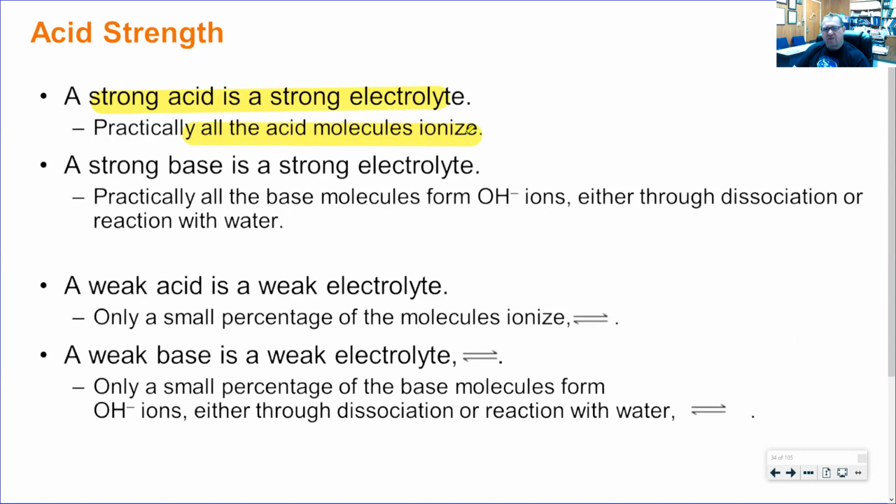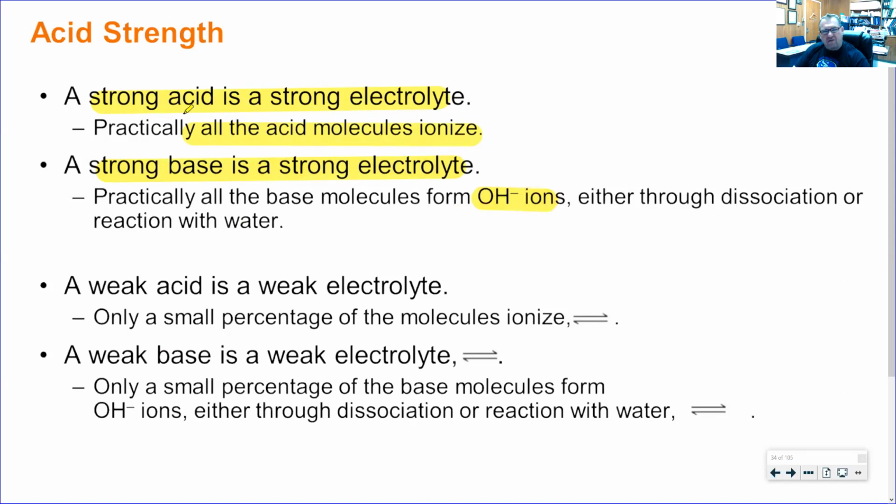Now we want to continue that into acids and bases. So we have strong acids. That means that the acid would almost completely dissociate into the ionized form. Similarly, you have a strong base where it's going to completely dissociate into the ionized form, which produces the OH minus ions, either through dissociation or reaction with water.